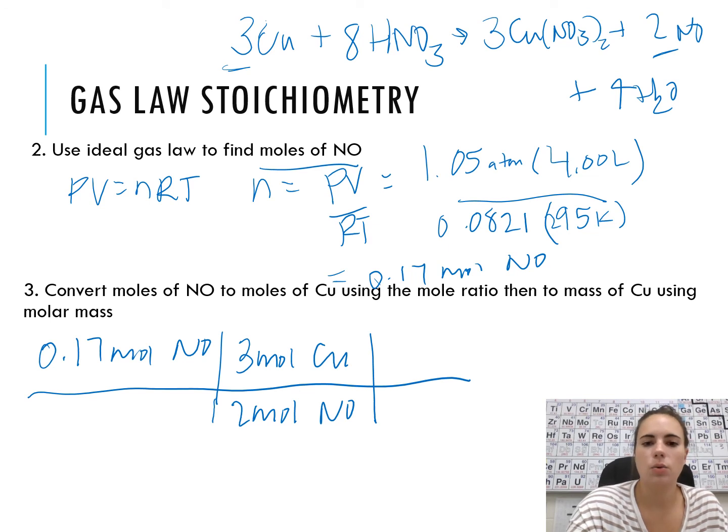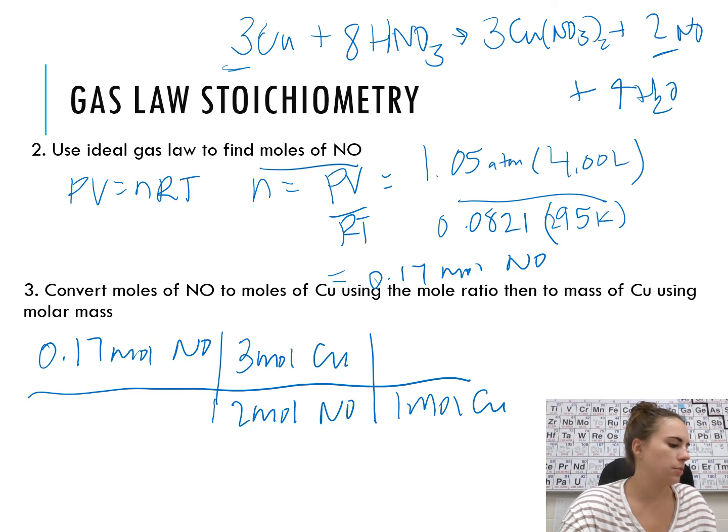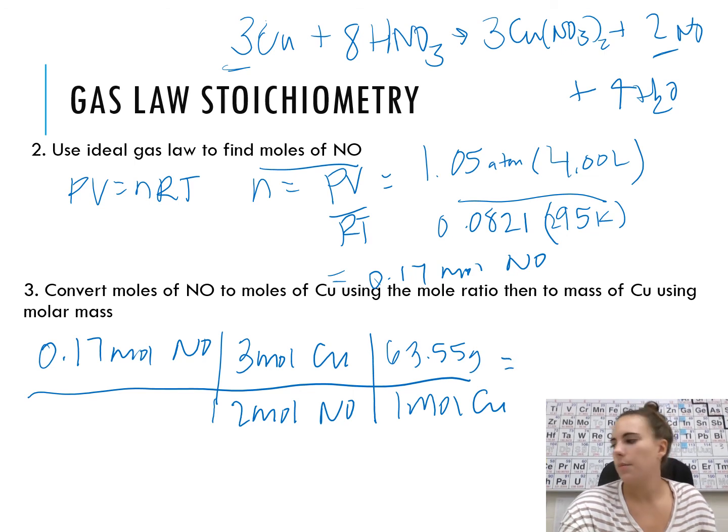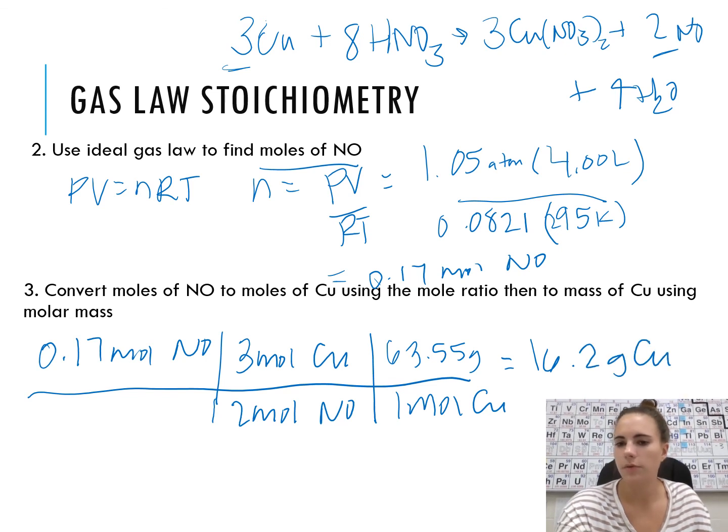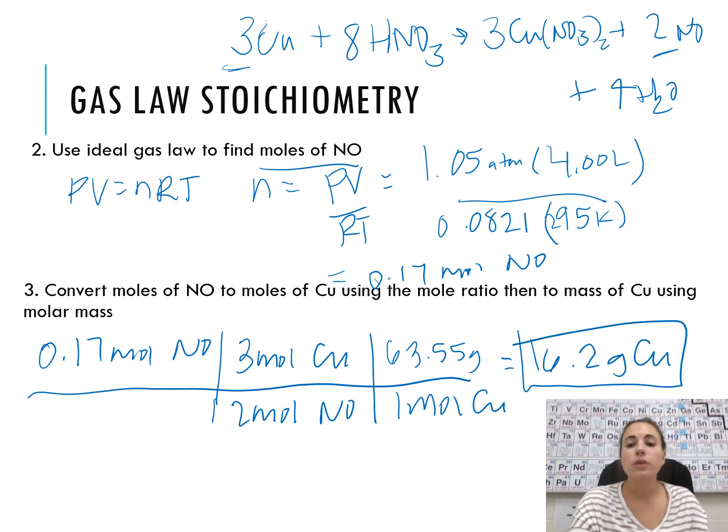And then 1 mole of copper, I go to the periodic table and see that it is 63.55 grams. I'm going to multiply across the top, divide by the bottom, and I get 16.2 grams of copper.